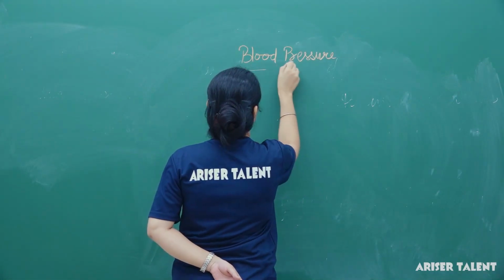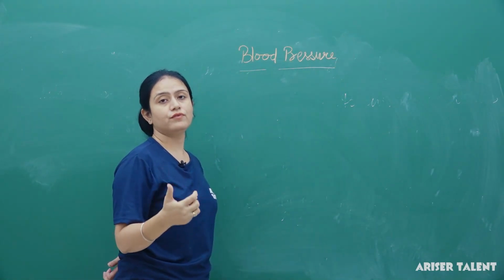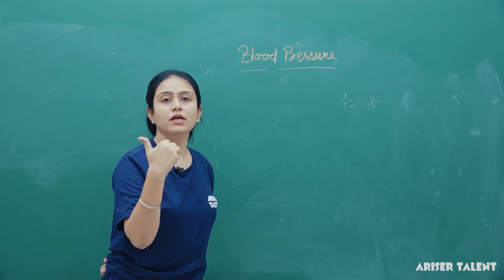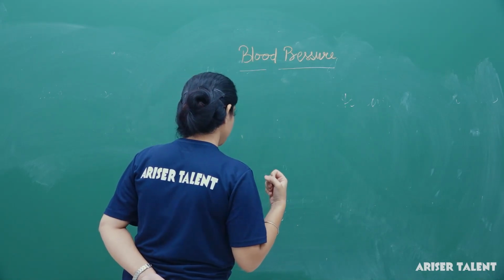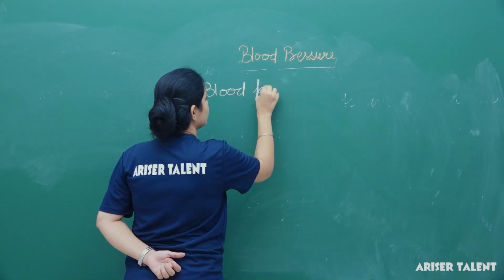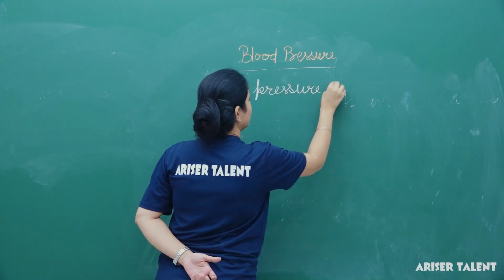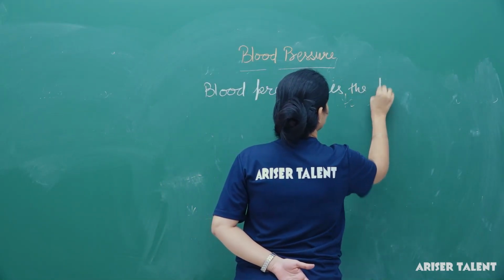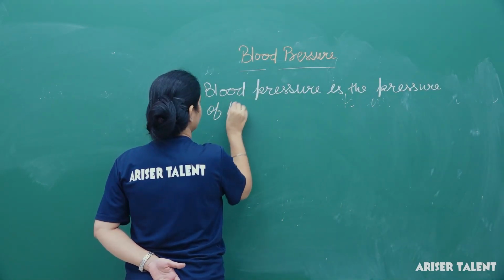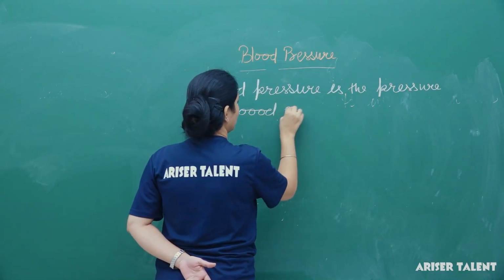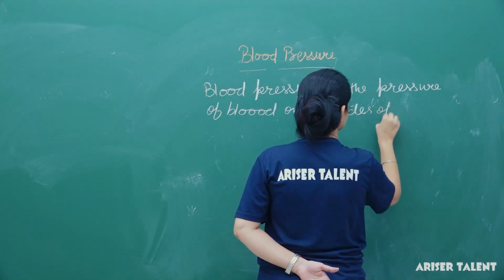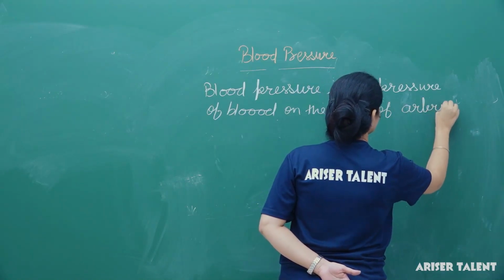Blood pressure is the pressure of blood on the sides of arterial walls. Blood pressure is the pressure of blood on the sides of artery walls.